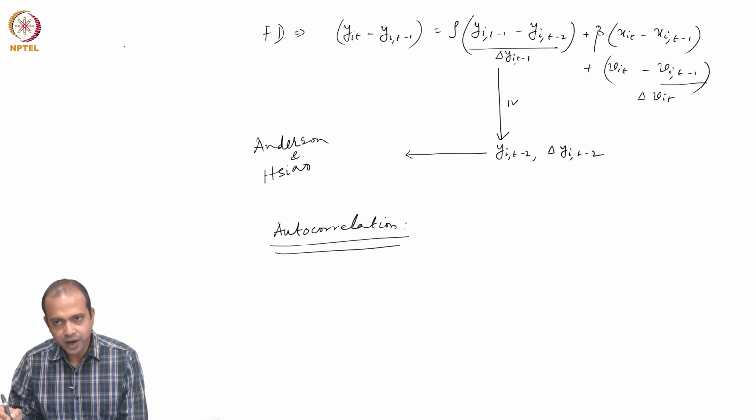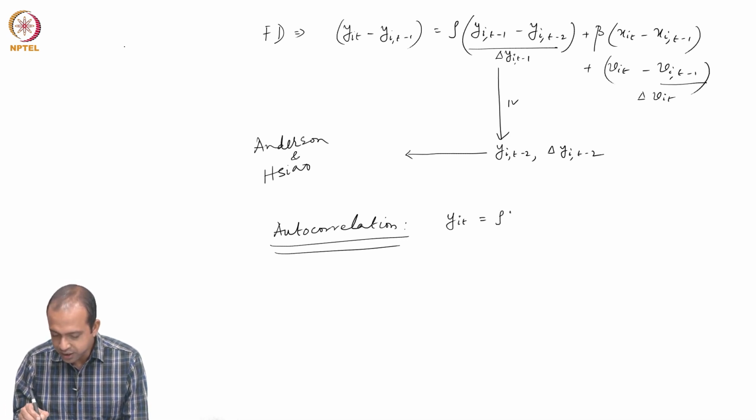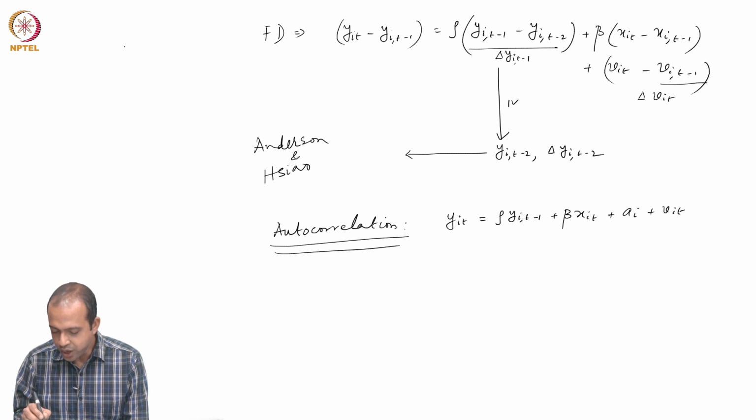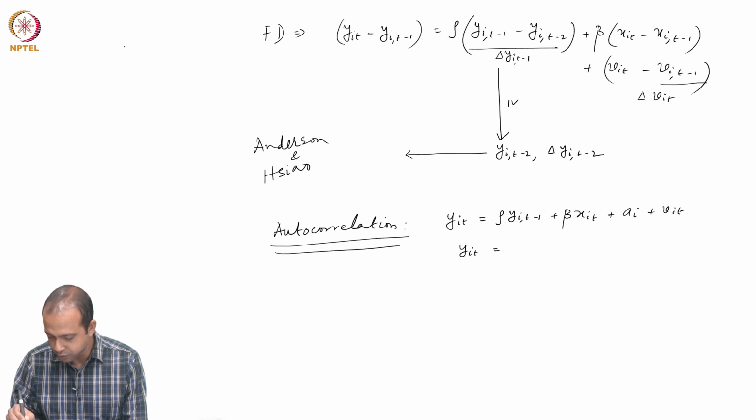I can write YIT as a function of YIT minus 1. Now, the way I have written the equation, I can write the same equation for YIT minus 1, and in that equation the error term would be VIT minus 1. So, that means YIT minus 1 is a function of VIT minus 1.